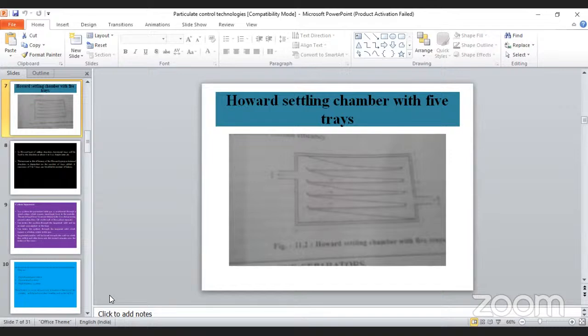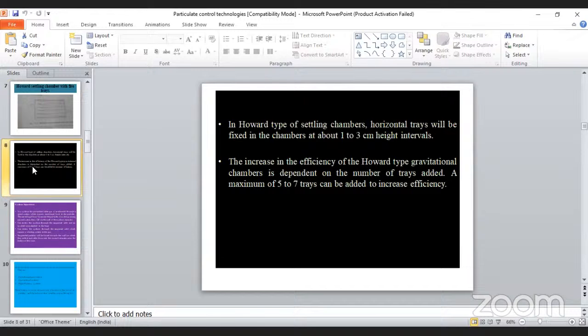This is also in practice. The only difference between the two is that the Howard type occupies less space, while the horizontal type occupies a much larger space. Efficiency wise, the second one gives more than the first one. In the Howard type settling chamber, the horizontal trays are fixed in the chamber at about 1 to 3 centimeter height intervals.